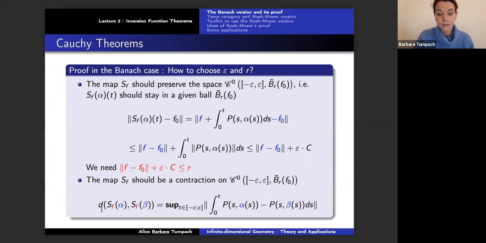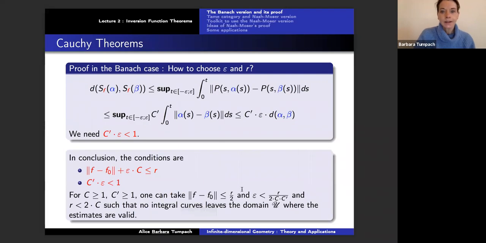And here I just give the definition of the distance between two curves. And now we have to estimate this and find a majoration using the difference between alpha and beta.